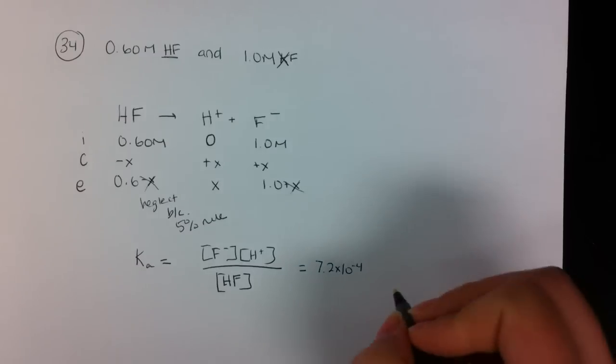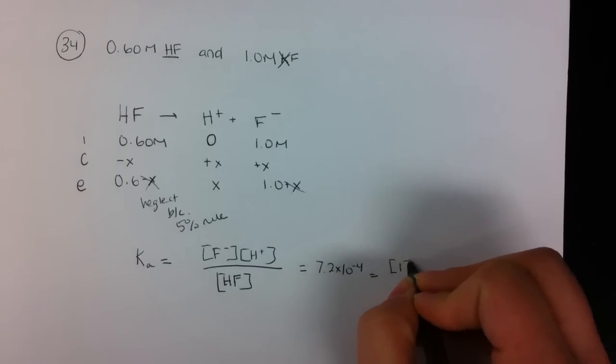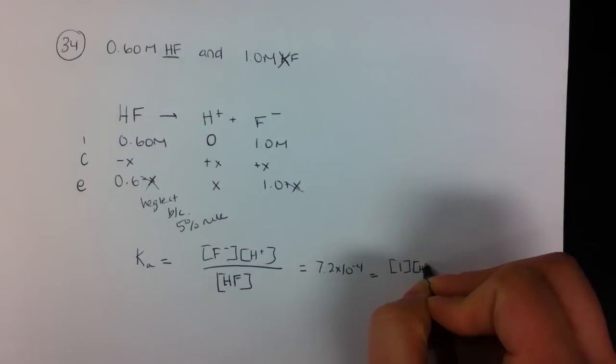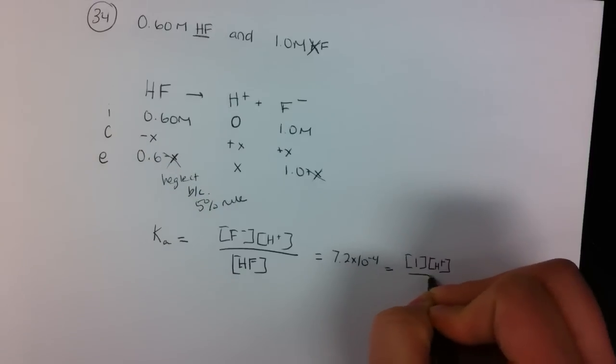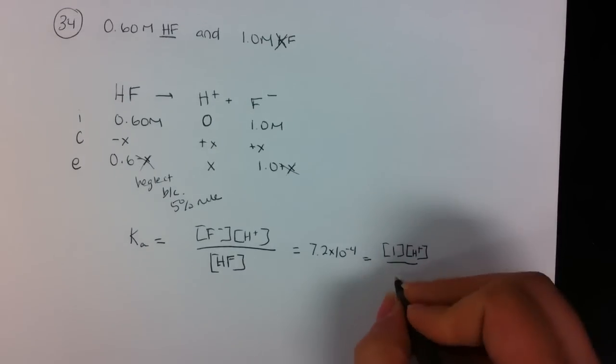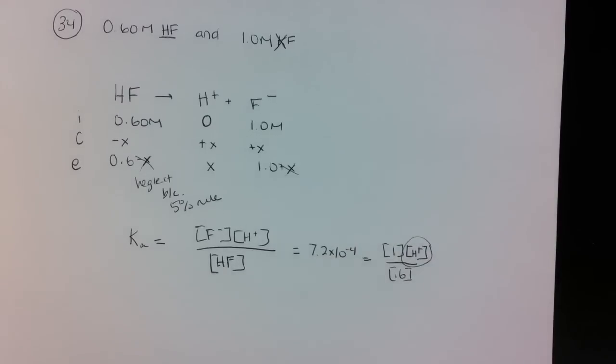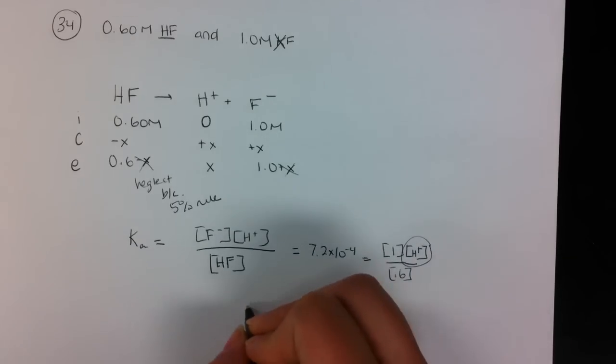And I know that that is now equal to 1 on top. The unknown is the H plus, and 0.06 on bottom. When you solve for H plus, you would find that it equals 4.3 times 10 to the negative fourth.